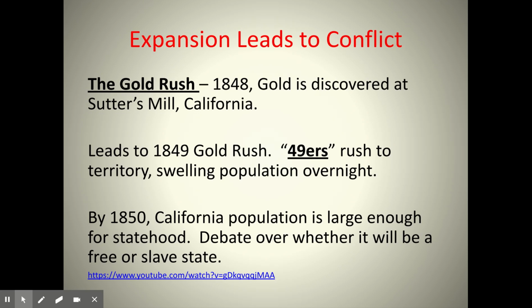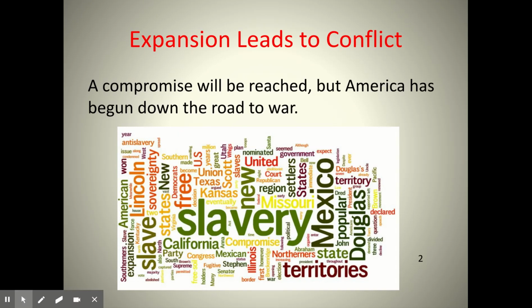These are known as 49ers. This makes the population explode in what will be California, and they achieve statehood very quickly, much quicker than other states. So there's a big debate about whether it's going to enter as a free state or a slave state.